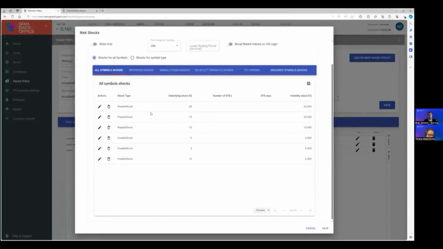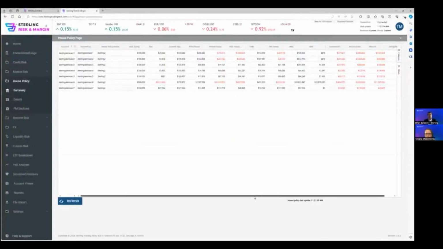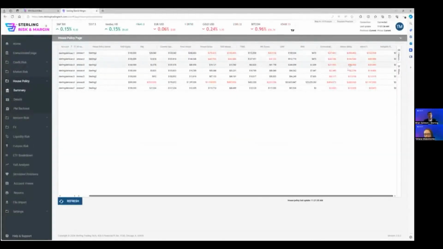It will see which one of the 6 shocks produces the worst result, and it will pick that shock as the macro stress, the worst macro stress out of the shocks that we specified. Let's look where it is on the GUI. So there is this element macro stress. Here are these numbers. So for the first account, the system tried those 6 different shocks on the entire portfolio and determined that the worst shock would produce the overall loss of $208,000.